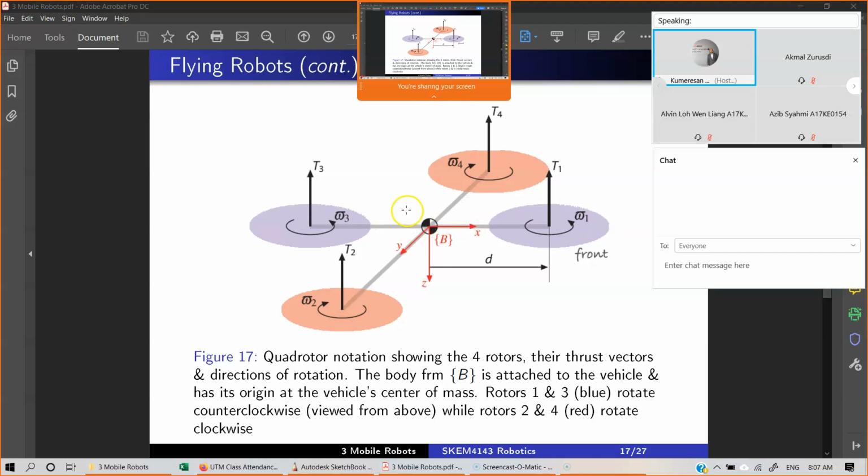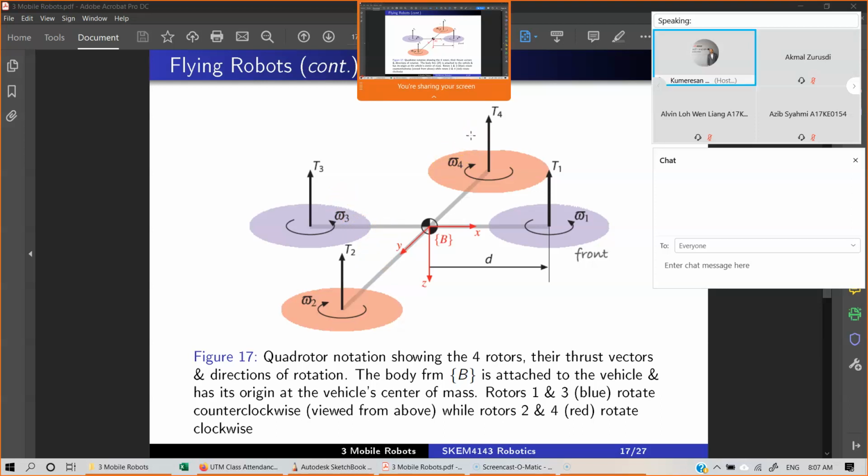If you want a pitching motion, then T1 has to be greater than T3. Similarly, if you want yaw motion, T1 plus T3 has to be greater than T2 plus T4.